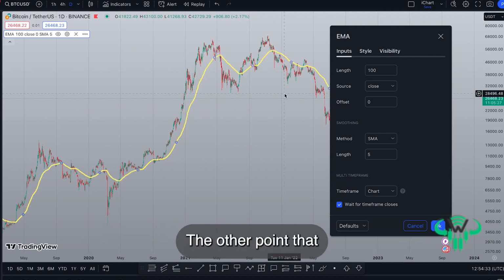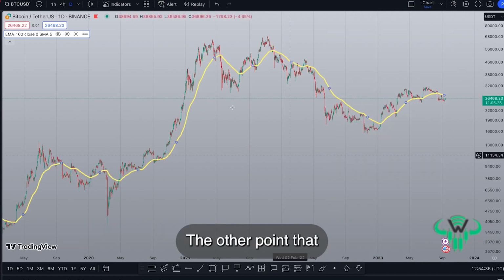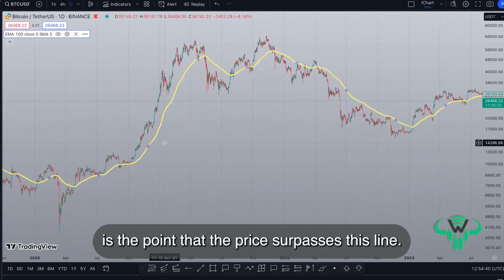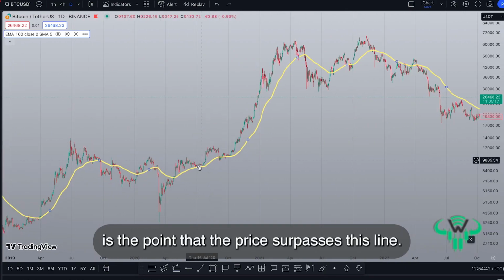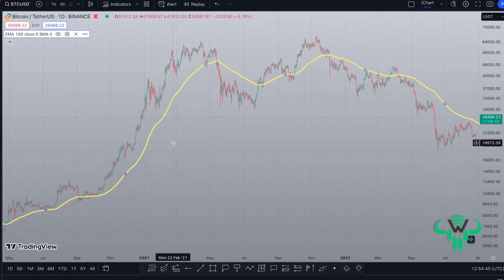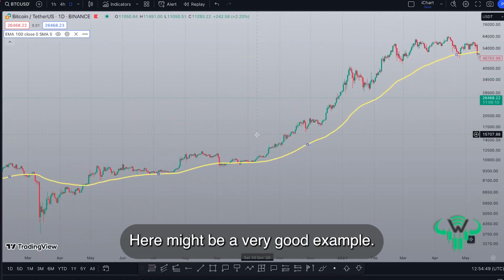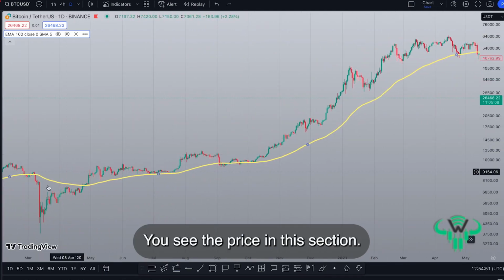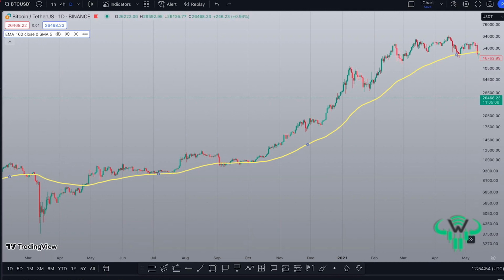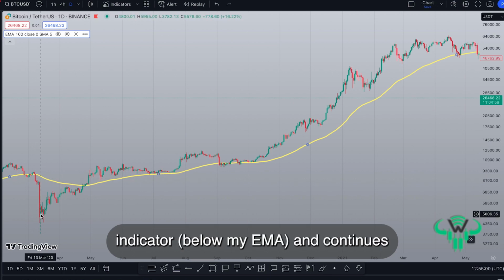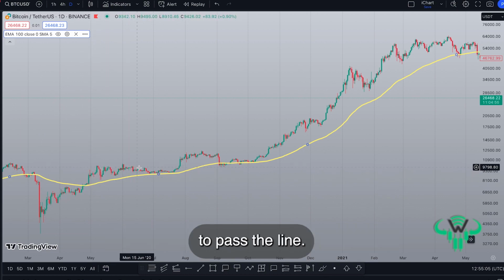Okay, you see? And the other point that is really important for us is the points where the price surpasses this line. For example, here might be a very good example. You see, in this section, the price has gone down and is below the indicator, below my EMA, and continues to pass the line.